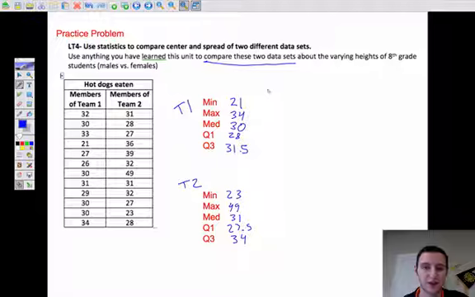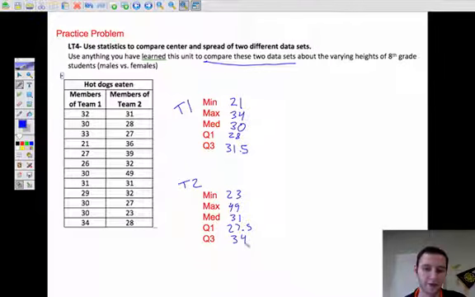So you could compare the two by saying that there was more variance in the members of Team 2 because their minimum was 23, but their max was all the way up at 49. Whereas Team 1's min was 21 and their max was 34. So there's more variation in the number of hot dogs eaten by members of Team 2.